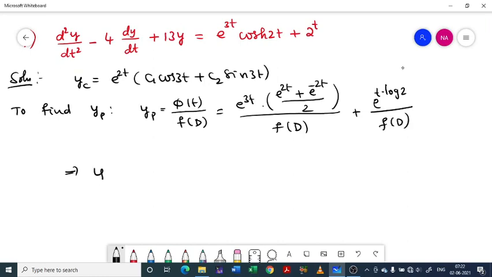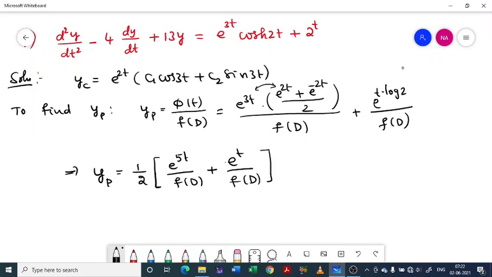So yp will be 1 by 2, will take outside, e power 3t into e power 2t, that is e power 5t divided by f of d, plus e power 3t into e power minus 2t, that is e power t divided by f of d, plus e power t into log 2 divided by f of d. Right? Okay.